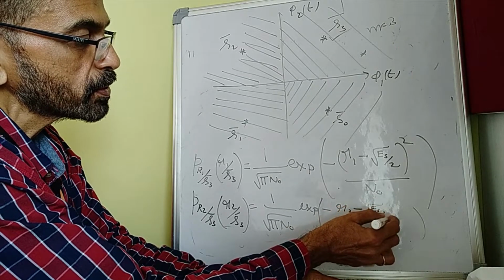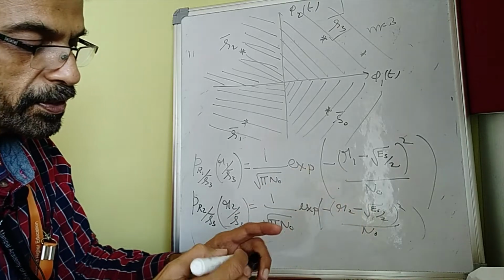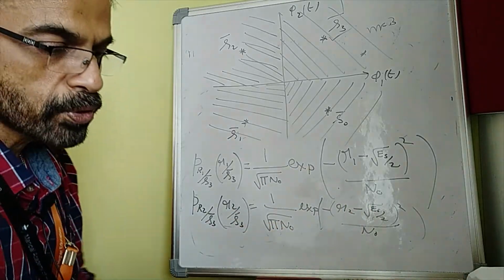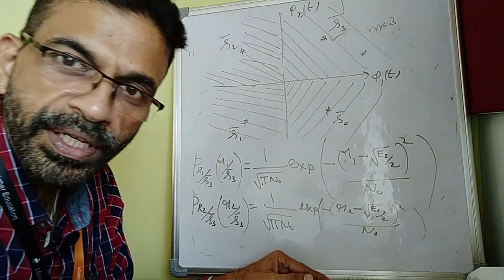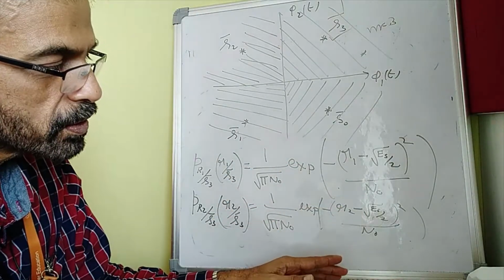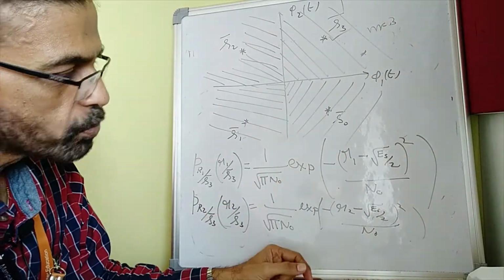But note that R1 and R2 are statistically independent. They are both Gaussian distributed with mean root Es by 2 and variance n naught by 2. And they are identically distributed.